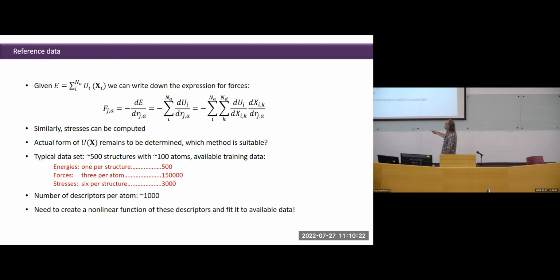With 3 force components per atom, 100 atoms and 500 structures, we have something like 150,000 data points for the forces. And for the stress, we have 6 stresses per structure, something like 3,000. And the number of descriptors for each atom, like I said, we could characterize the local environment with something like 1,000 coefficients to be stored. And we need to create a nonlinear function, this is U, and there's no reason to assume that it's linear. A nonlinear function of these descriptors to fit this available data.